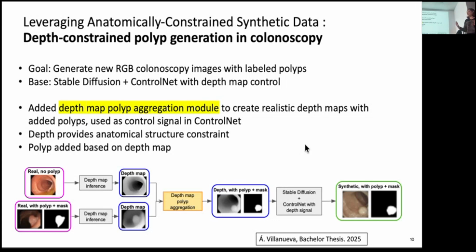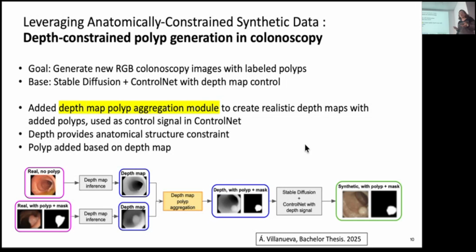What we wanted to do was take the polyps from the other data set and basically copy paste them into the EndoMapper data set, but still not randomly paste them into the images. We wanted to enforce some sort of anatomical possibility.